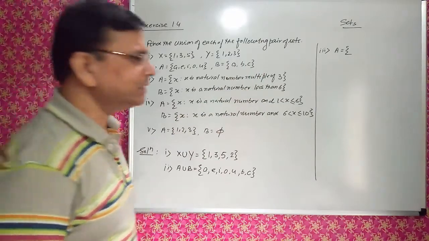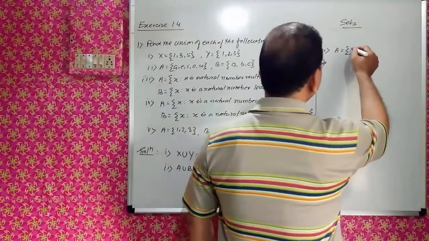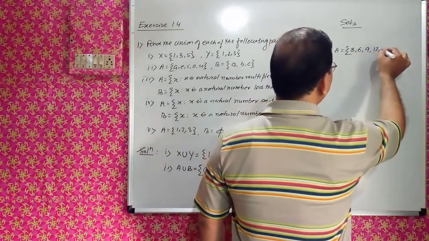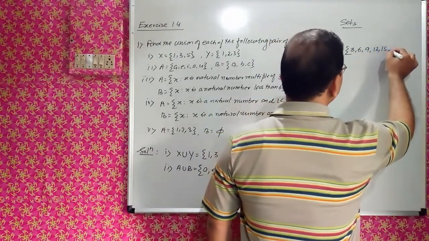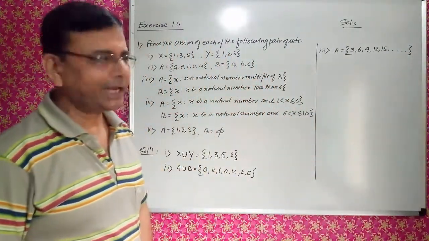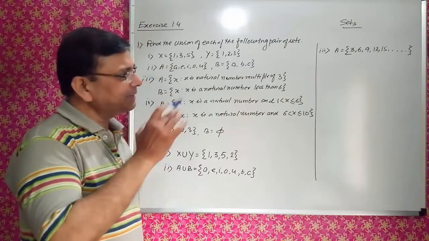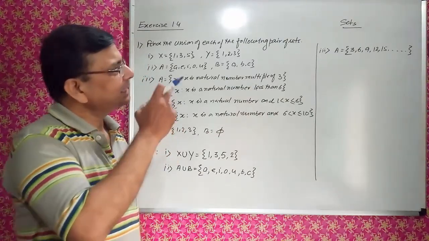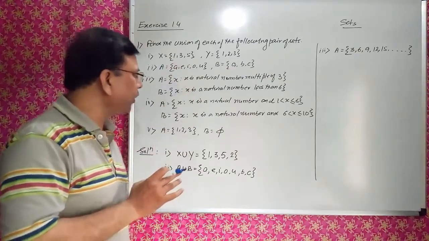So what will be those numbers? Those numbers will be 3, 6, 9, 12, 15 and so on. It is an infinite set because multiples of 3 will be the table of 3, you can say. Right? 3, 6, 9, 12, 15 and so on.